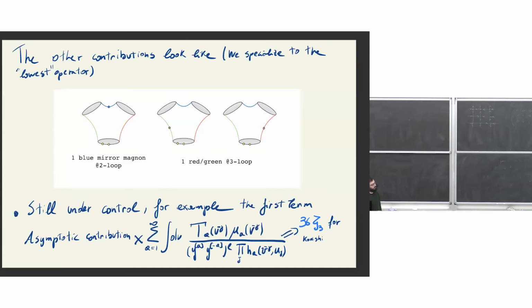All of this is just a very complicated way of saying that this is 36 zeta 3 for our lowest state. So at the end, I know that my final result, if I expand in perturbation theory, has to be some zeta values. So this is what I expect. It cannot be anything else. But this is more or less the idea.